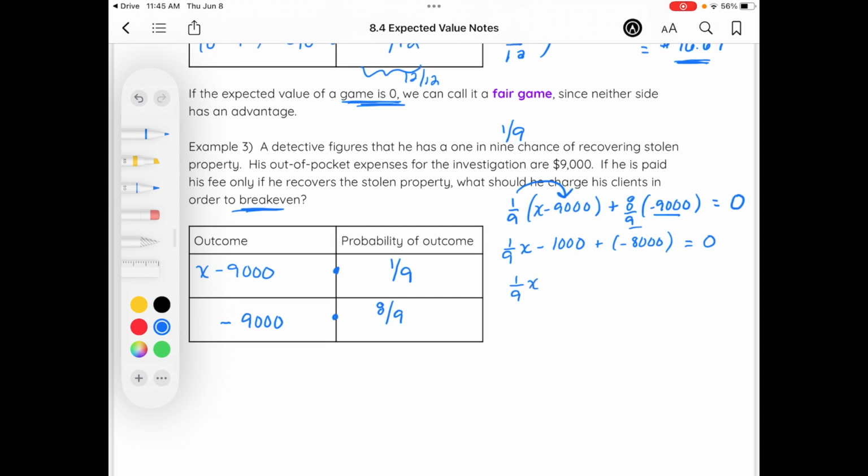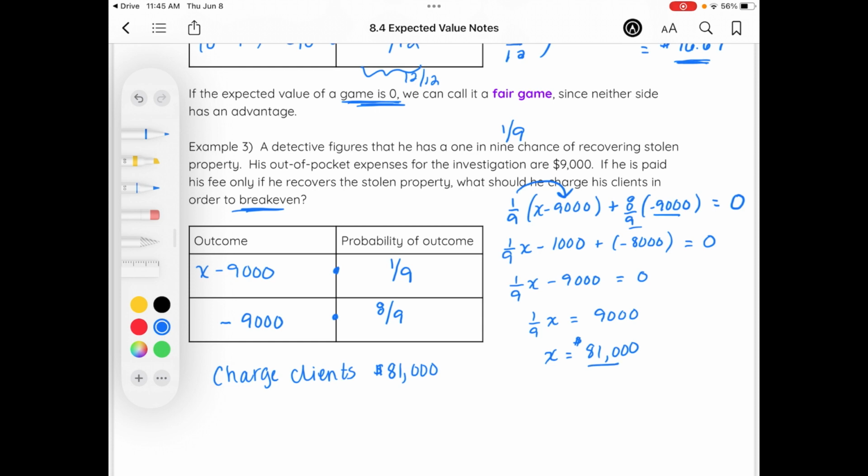I now have 1/9 X minus 9,000 when I combine like terms equals 0. 1/9 X equals 9,000. Multiply both sides by 9. X is $81,000. So we must charge clients $81,000 in order to break even.